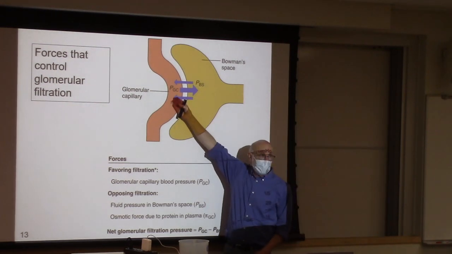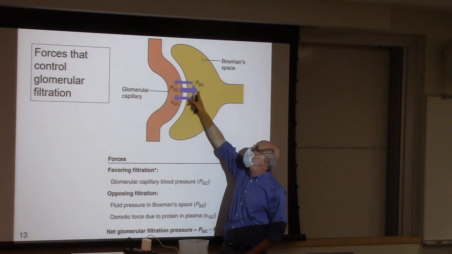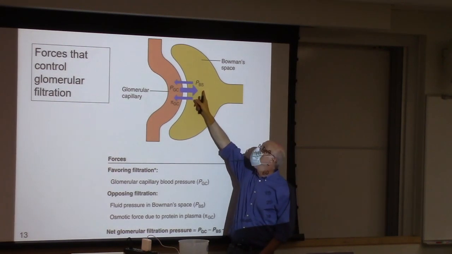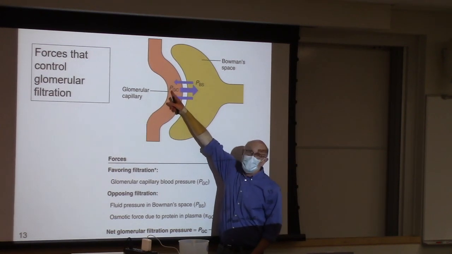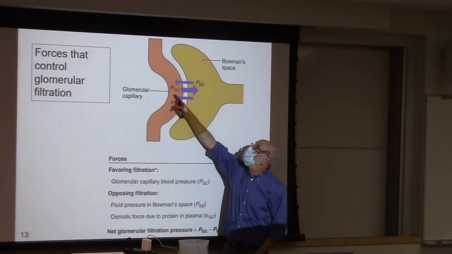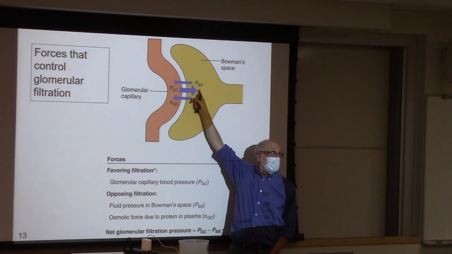Pressure in the glomerular capillaries pushes water and whatever the water can carry into Bowman space. That's what this arrow is. Hydrostatic pressure, blood pressure in the glomerular capillaries pushes water into Bowman space.